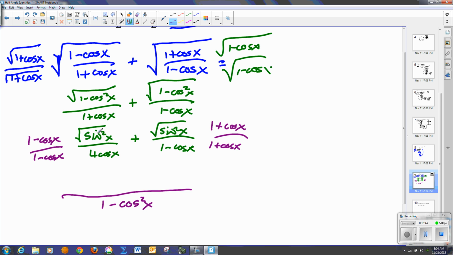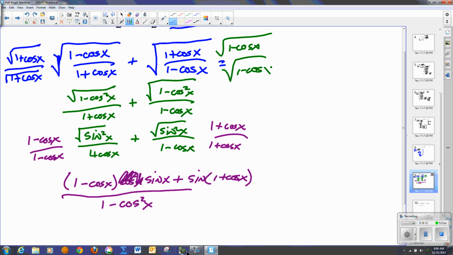In the numerator, this sine squared becomes a cosine, so I have 1 minus cosine of x times cosine of x. That's actually cosine squared, sorry. Oh no, I lied. That's sine of x plus sine of x times 1 plus cosine of x.